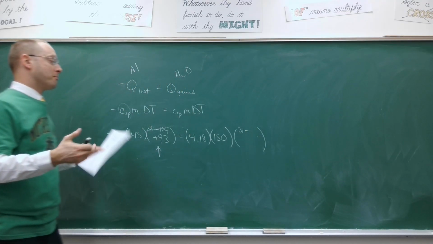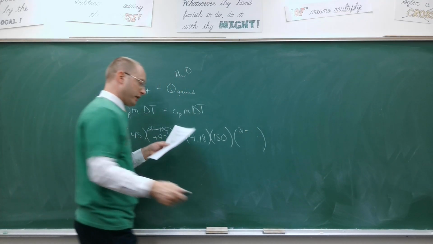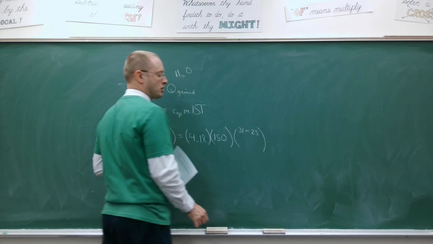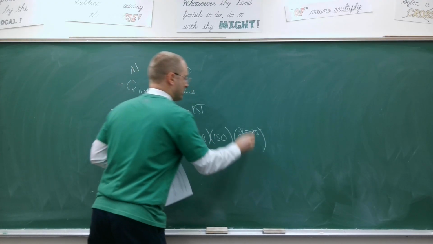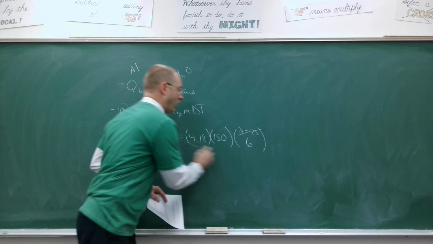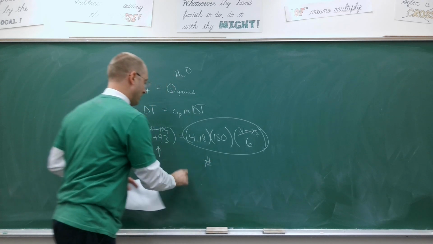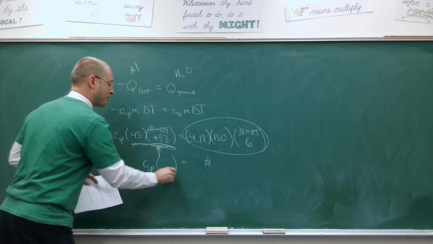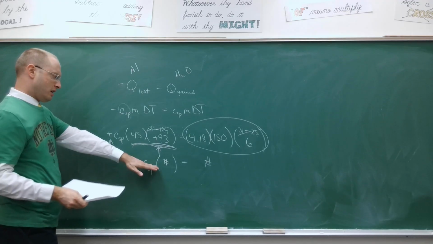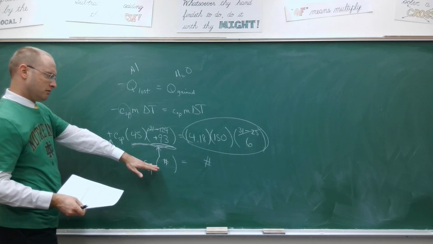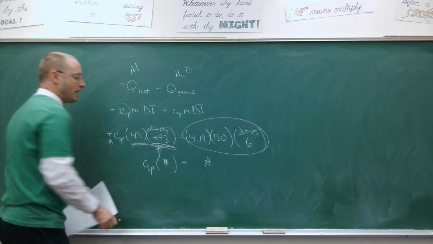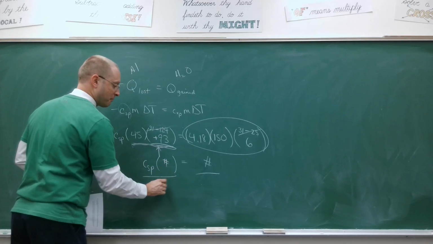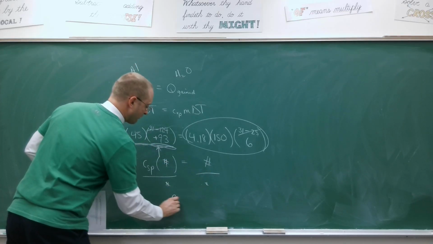Equilibrium means it's the final for both things, minus the initial for the water, 25. It's just a change of 6 degrees, so that's not too bad at all. We can multiply all of these together, get a really big number. Multiply these two together, and multiply by the c to get a little smaller number, probably. I don't know, it might not be smaller. And we're going to divide both sides by whatever this number is. And that'll give us our specific heat.